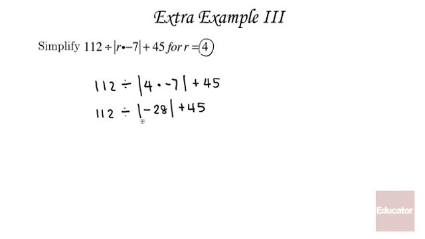Next, the absolute value of negative 28 is positive 28. Oops. Let me rewrite that. 112 divided by 28 is 4, and 4 plus 45 is 49.